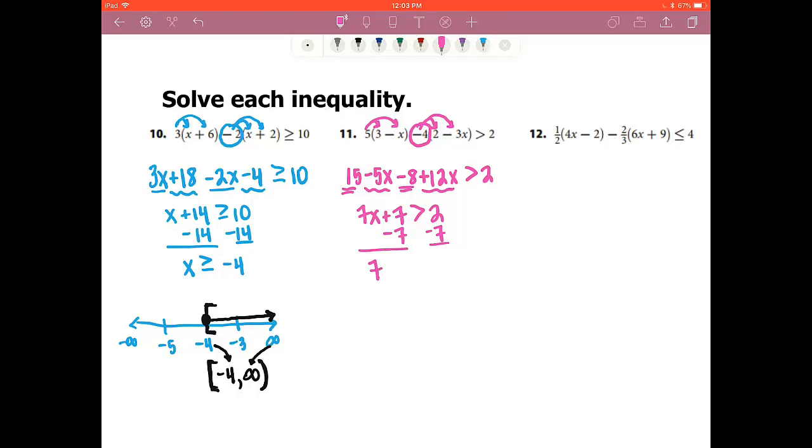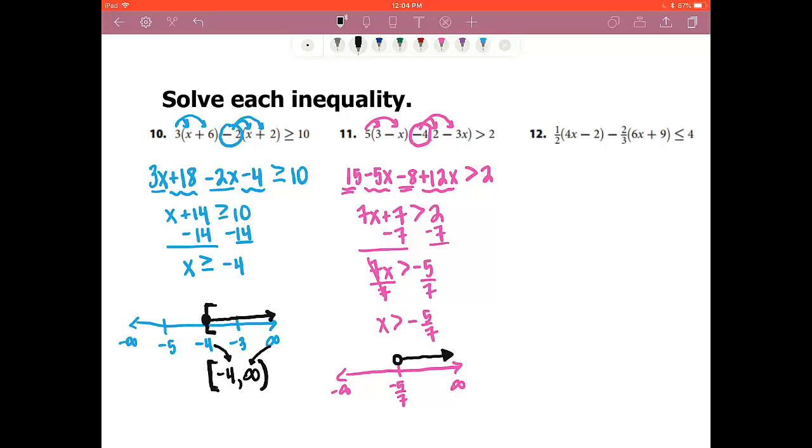That's greater than 2. We'll subtract 7 from both sides. 7x is greater than -5. I divide both sides by 7. X is greater than -5/7. On a number line, -5/7 would be an open circle.